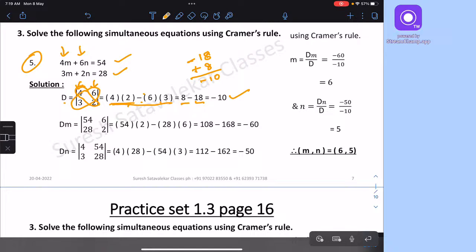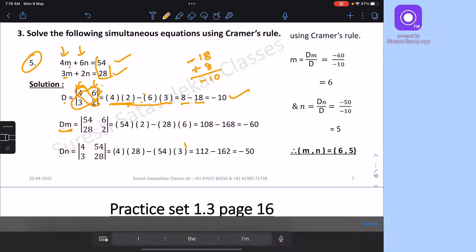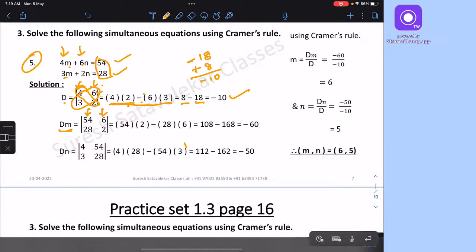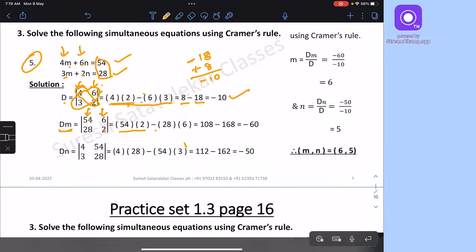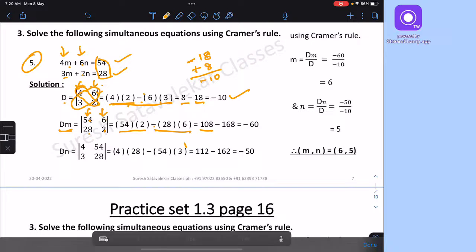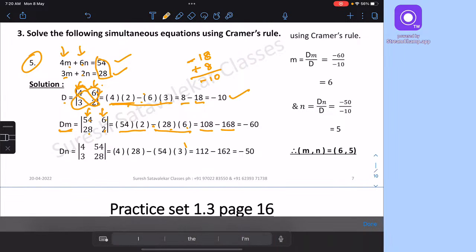Now instead of dx, we shall say dm because the variable is m here. To get the determinant for m, instead of the coefficient of m, we are having right hand side 54, 28 as the first column, and coefficients of n are 6 and 2, that will remain second column. So 54 and 2 will multiply first, minus 28 and 6 will multiply here. 54 2s are 108 minus 28 into 6 is 168.